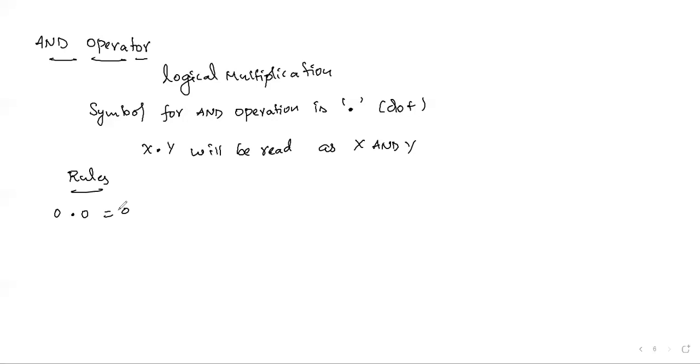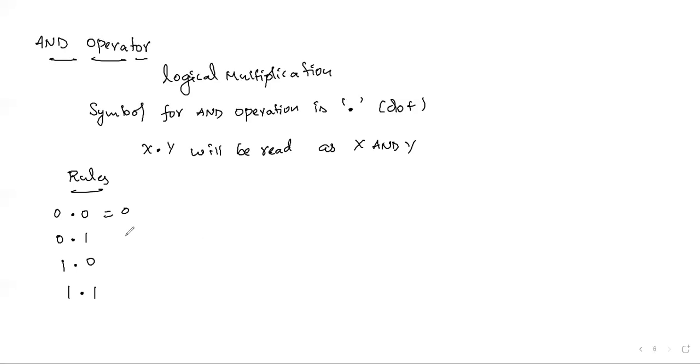When we are considering two variables, the possible values will be 0 0, 0 1, 1 0, 1 1. The next combination is 0 and 1. Next is 1 and 0. Next is 1 and 1.